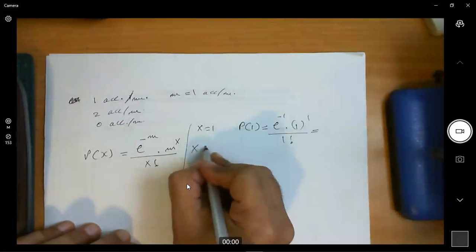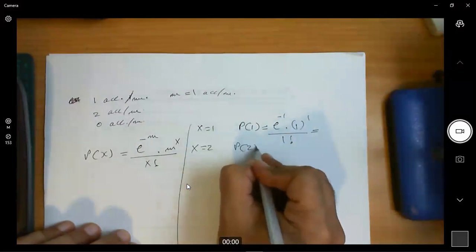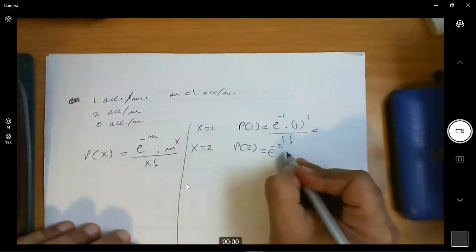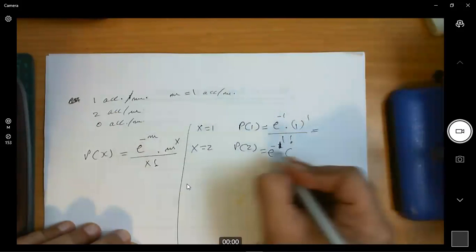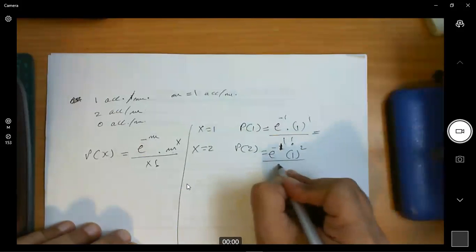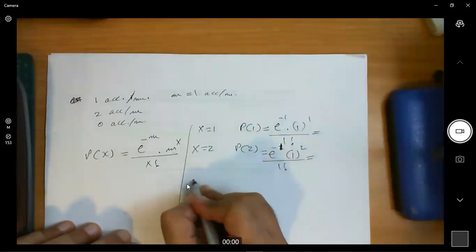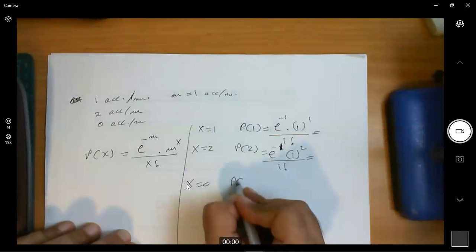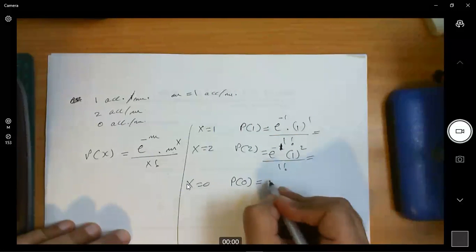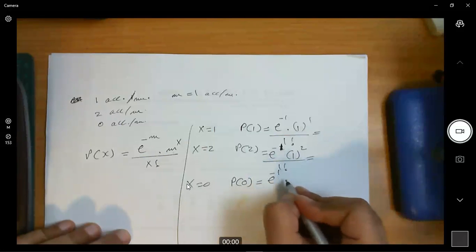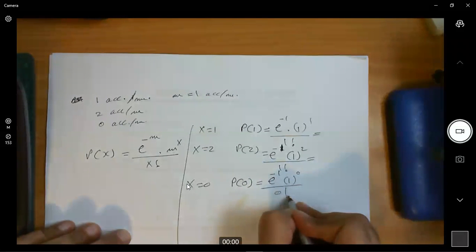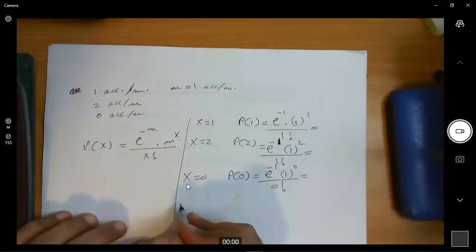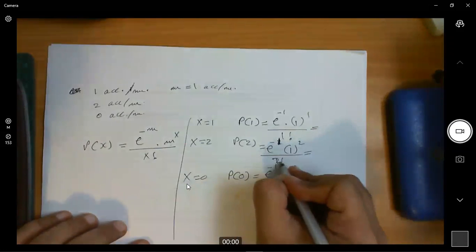X equal 2، يبقى probability of 2 هتساوي e^(-M) سوري، e^(-1) في M اللي هي 1 أس 2 على 2 فاكتوريال. طب X equal 0، إيه احتمال إن ما يحصلش أي accidents؟ هتساوي probability of 0 e^(-1) في 1 أس 0 على 0 فاكتوريال. حد يحسبهم يا شباب؟ ثواني يا دكتور. دي هنا 2 فاكتوريال باي ذا واي.